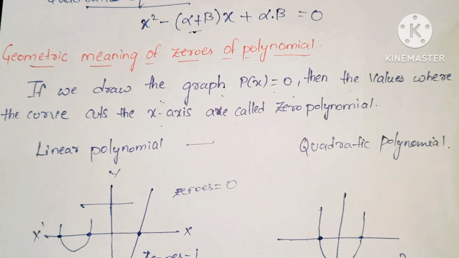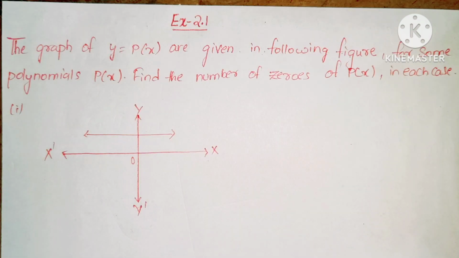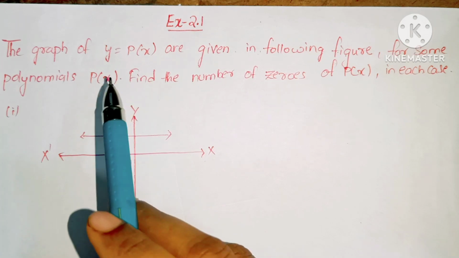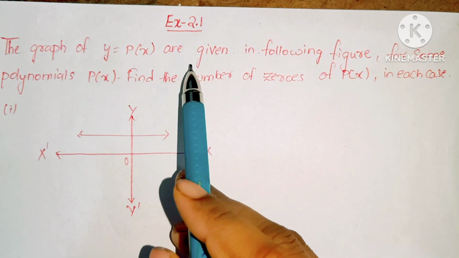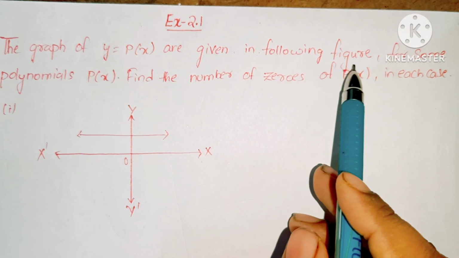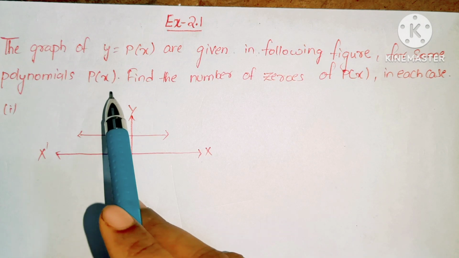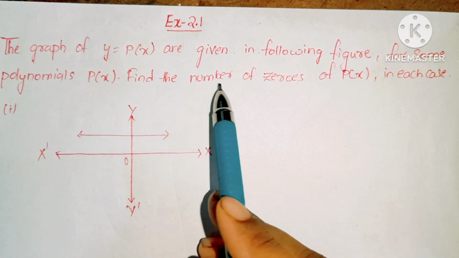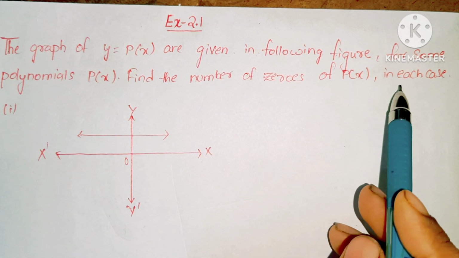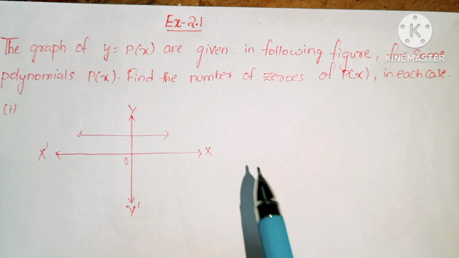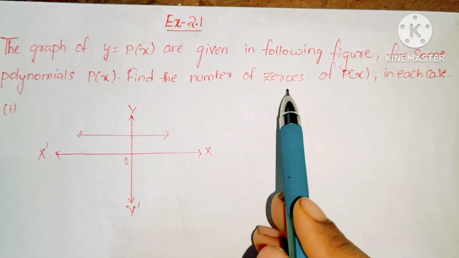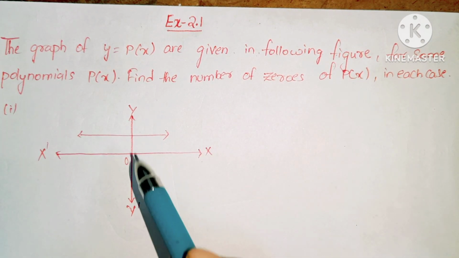Understood? So let's go to exercise 2.1. So here exercise 2.1, the graph of y equal to p of x is given in the following figure. For some polynomials p of x, find the number of zeros of p of x in each case. So he was asking the number of zeros for the given polynomial.